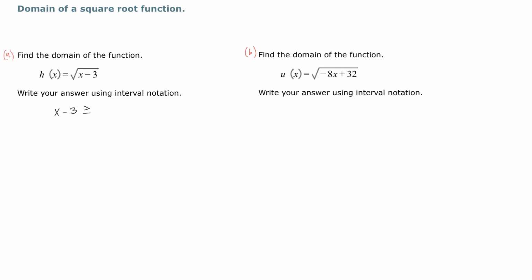Write x minus 3 is greater than or equal to 0. Simply solve this inequality to get the domain. x is greater than or equal to 3, and we could just translate this to interval notation. 3 included, so you write a bracket, and then let this run towards infinity. That is what we call the domain of h.